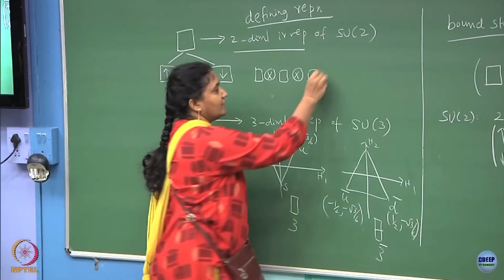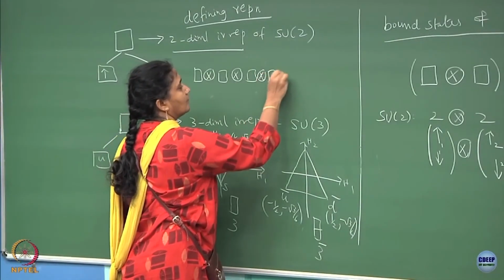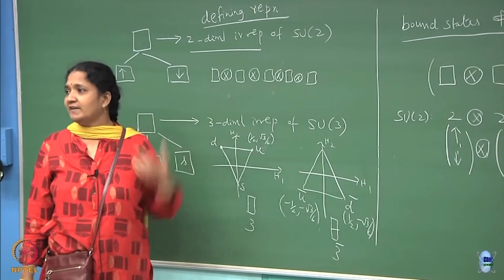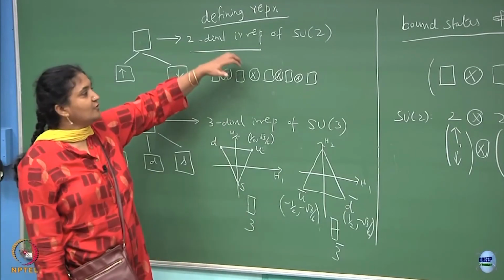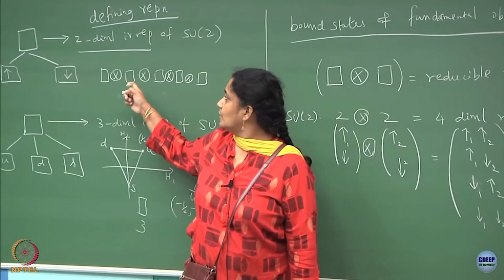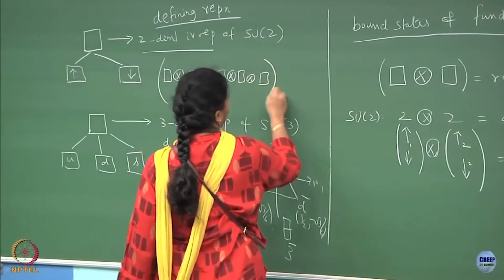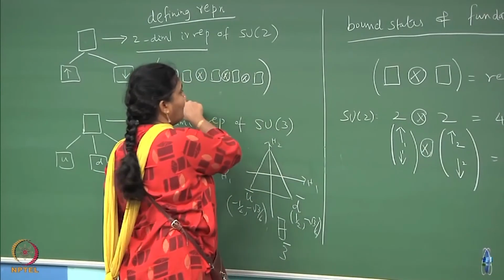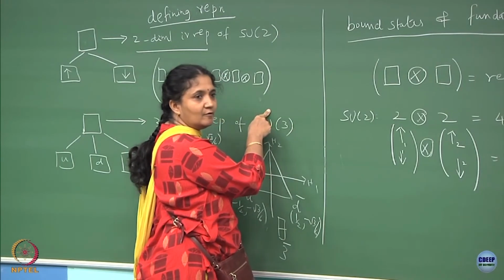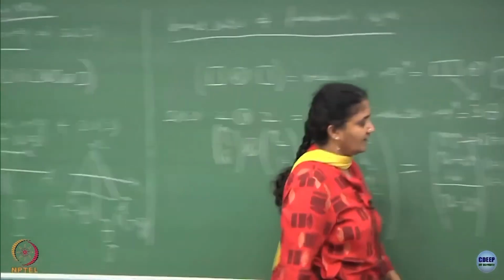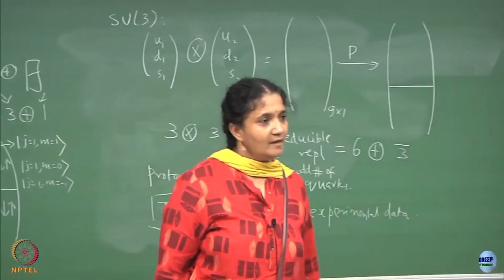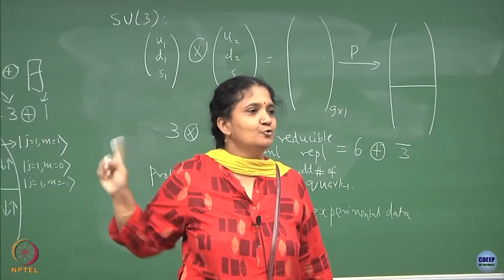Suppose I take more than 3, it should be an odd number. Suppose I take 5 and do a tensor product in the SU2 language, just like I did here, and this is what I call the composite object which could represent a proton, which experimentally we need to have 3 by 2 or half.